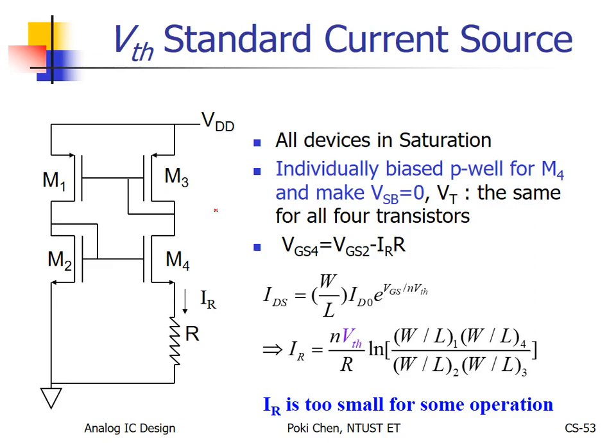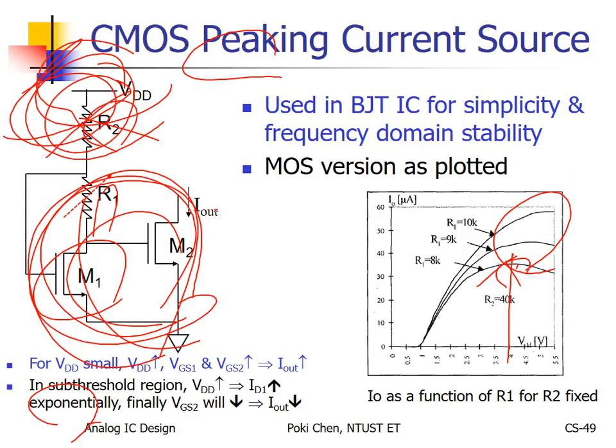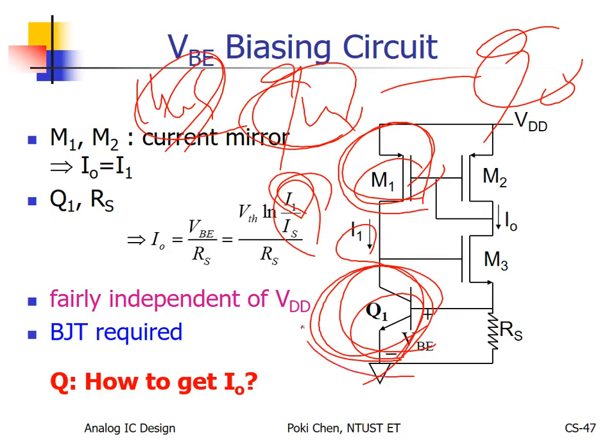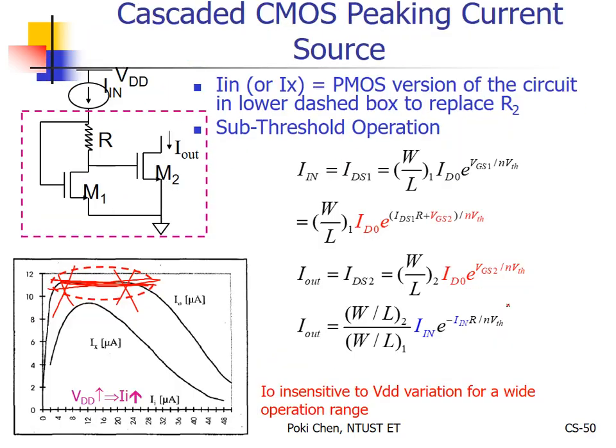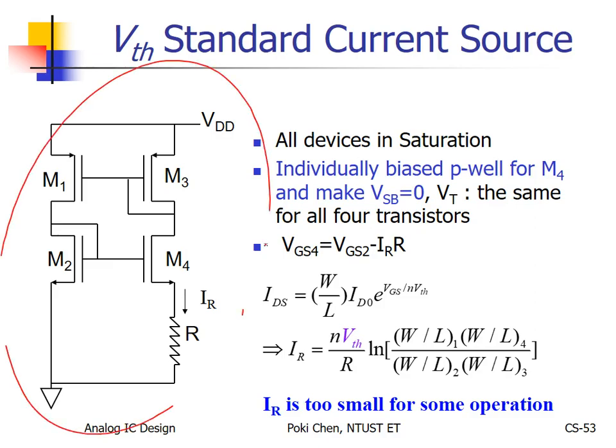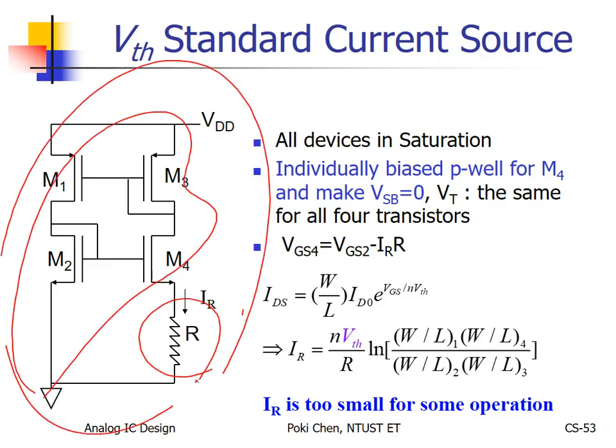Okay, how about MOSFET? You can see almost the same. From BJT, I mean here, right? BJT and this. Similar condition, similar operation you can have for MOSFET, and that's it. And you can derive, and finally you have this.